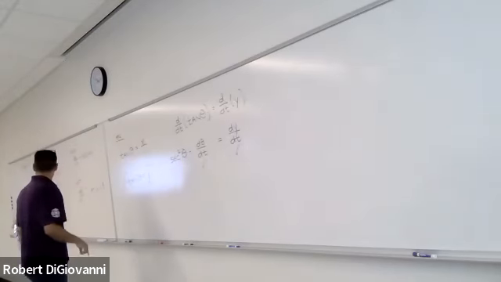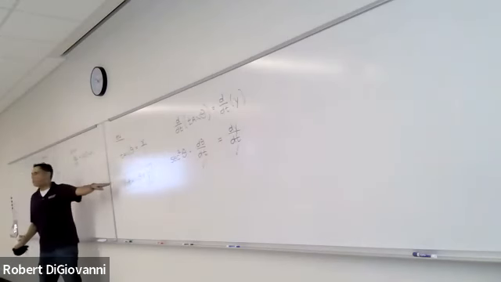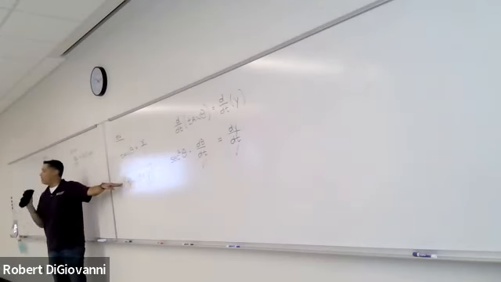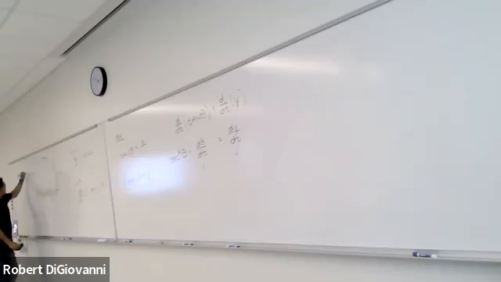I'll leave that on the board. Before I take the derivative of this, I'm going to take arctangent on both sides. Let's see why. If I take arctangent on the left and arctangent on the right, what does the left side become?